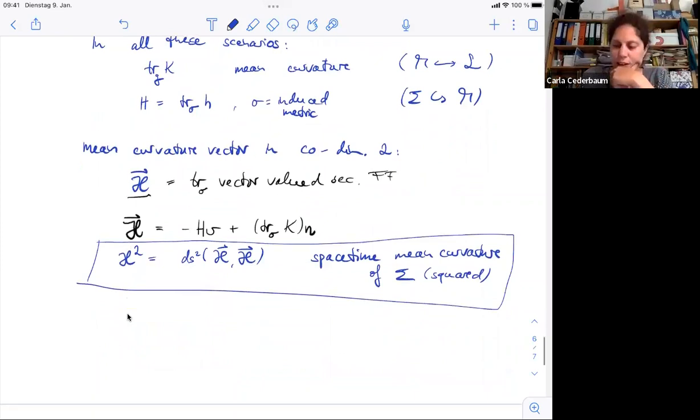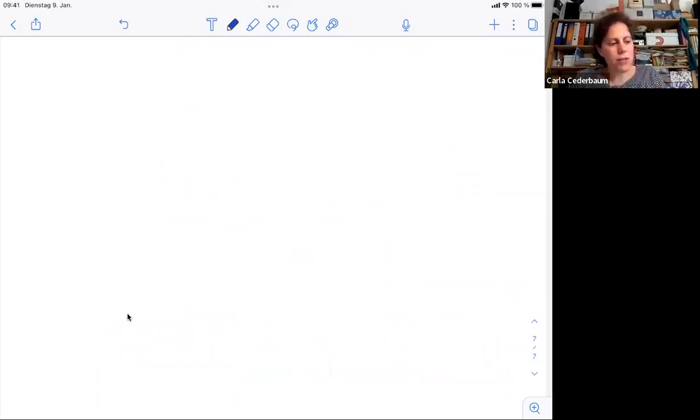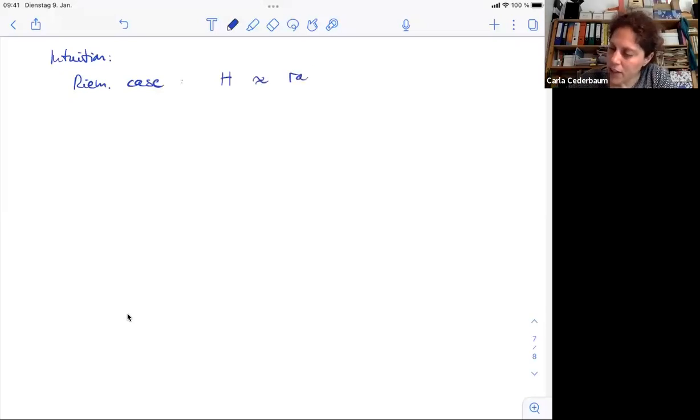Okay, so just to give you some intuition about these objects, despite me rolling cylinders and graphs. In the Riemannian case, so when the ambient space is Riemannian, for example Euclidean, this mean curvature H of a hypersurface corresponds to the rate of change of area under normal variations.